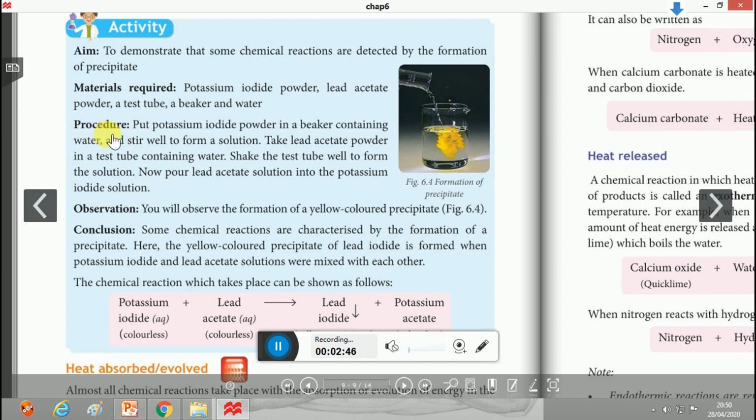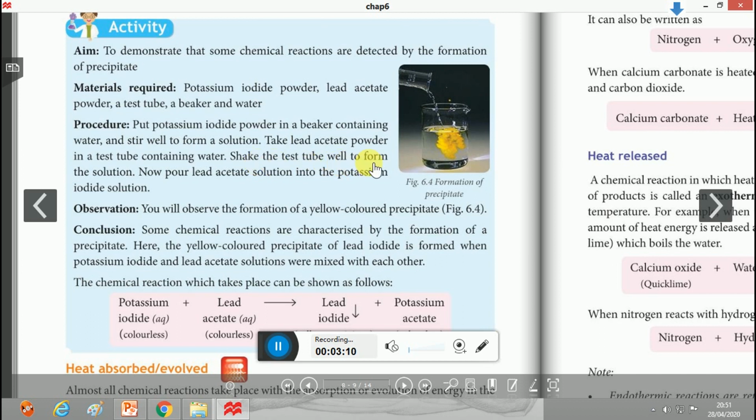Procedure: put potassium iodide powder in a beaker containing water and form a clear solution. In another test tube, take lead acetate powder and add water to make a clear solution. Remember, lead acetate is in the test tube.